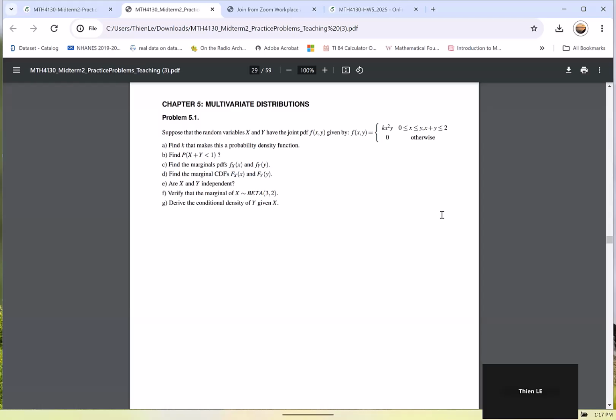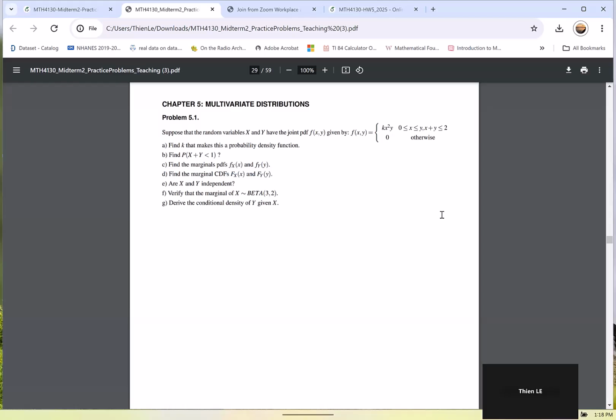From here, even with the form of the density, we can see clearly they cannot be independent. But anyway, then verify the marginal of x follows a beta distribution, which comes from part C. And then derive the conditional density of y given x.